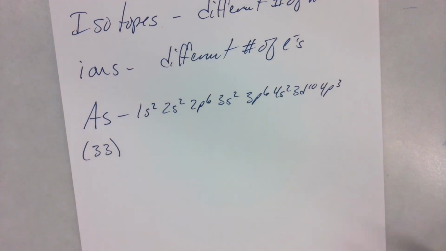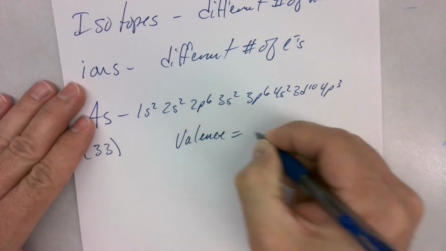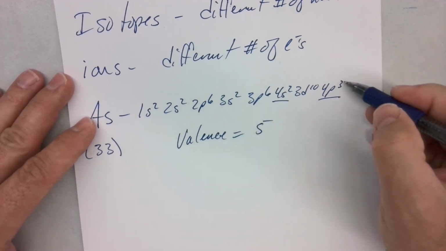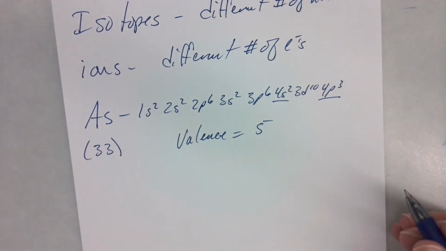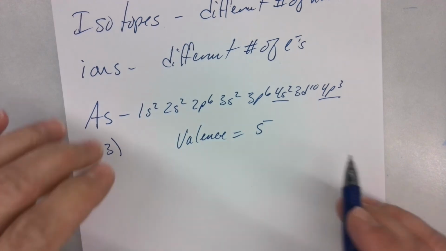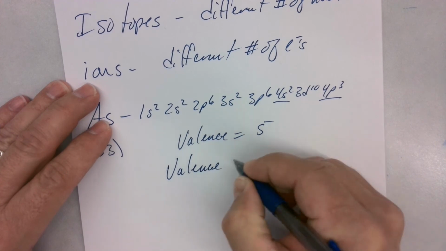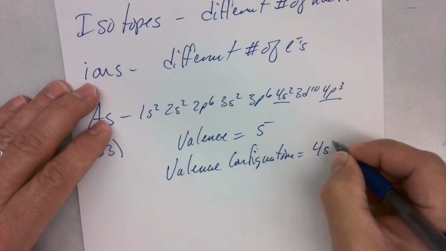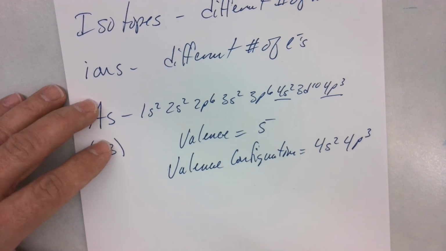If I asked you for the valence, if I said just valence, the valence is 5 because they're my highest coefficients, and there's 5 there, right? If I wanted the valence configuration, now I've got to draw them just like they're written here. So the valence is 5. The valence configuration would be 4s2, 4p3. You see the difference? That's all it wants.